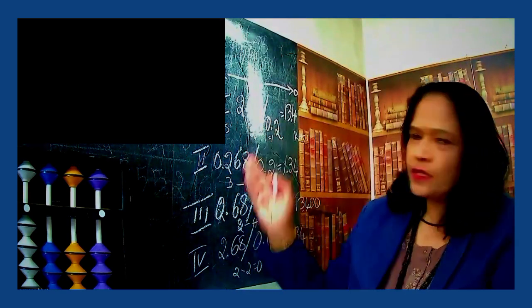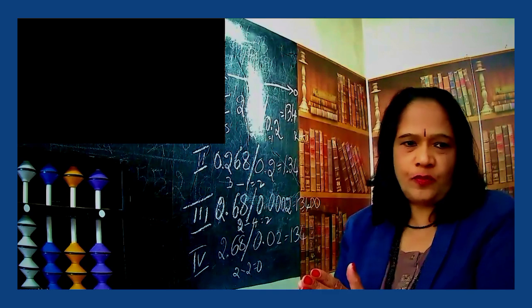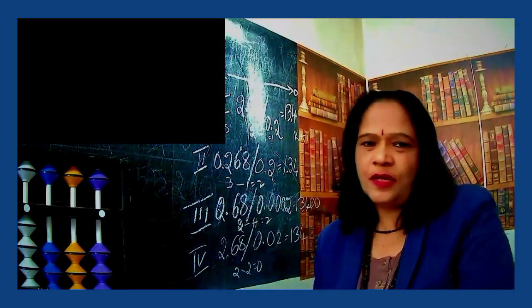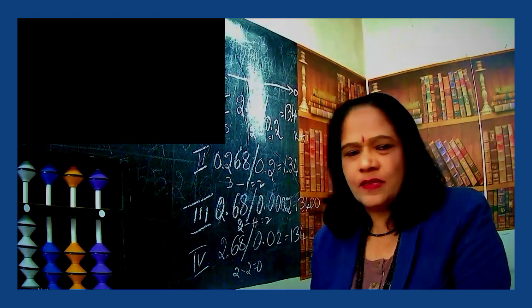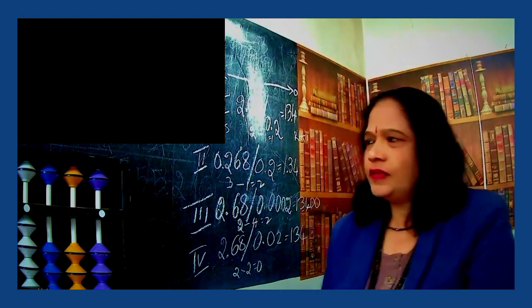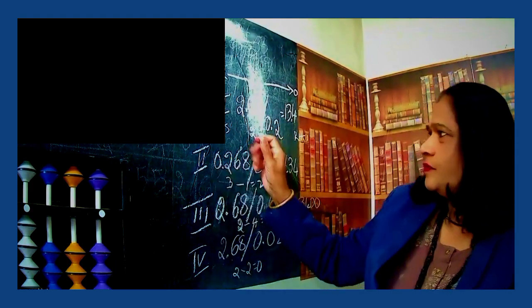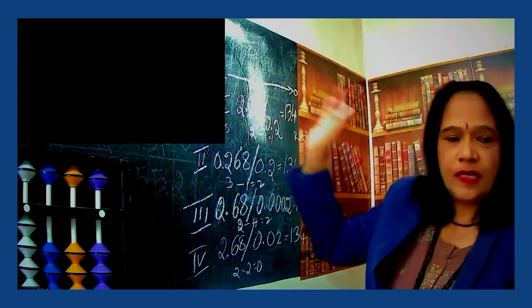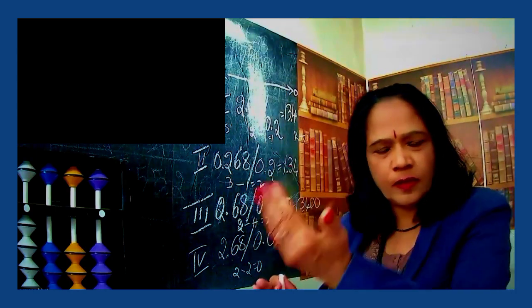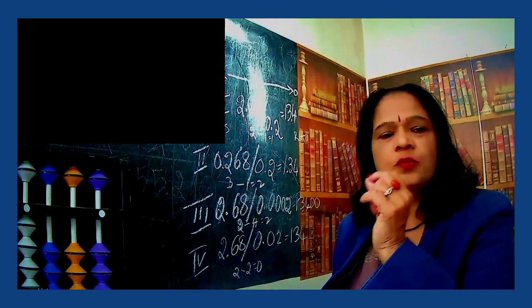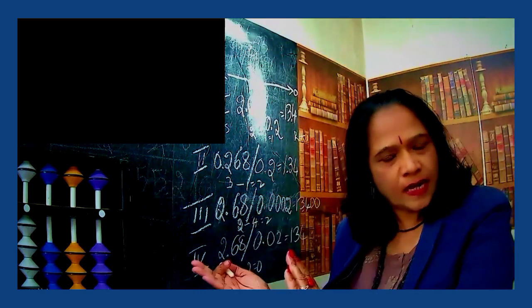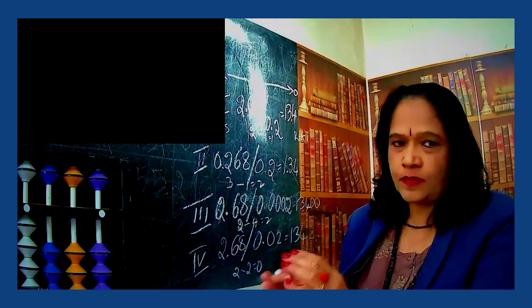Okay. These are the 4 different types of decimals, which we can do very easily on the abacus. Let me explain once more. If the decimal numbers are more in the left-hand side, we should put the point. If the decimal numbers are more in the right-hand side, we should write the zeros.